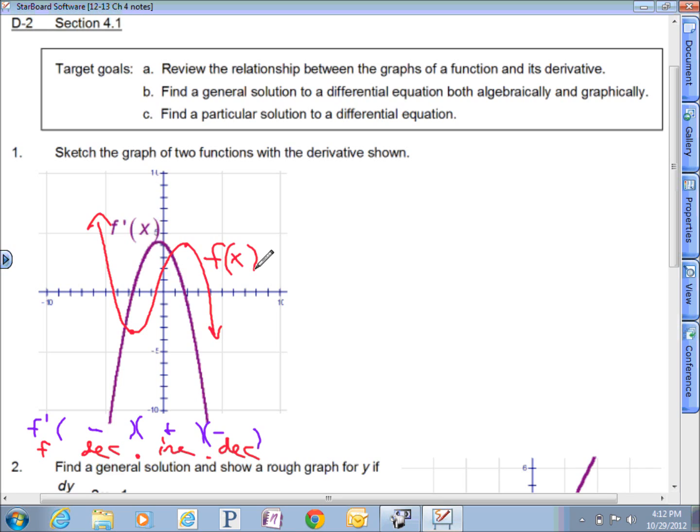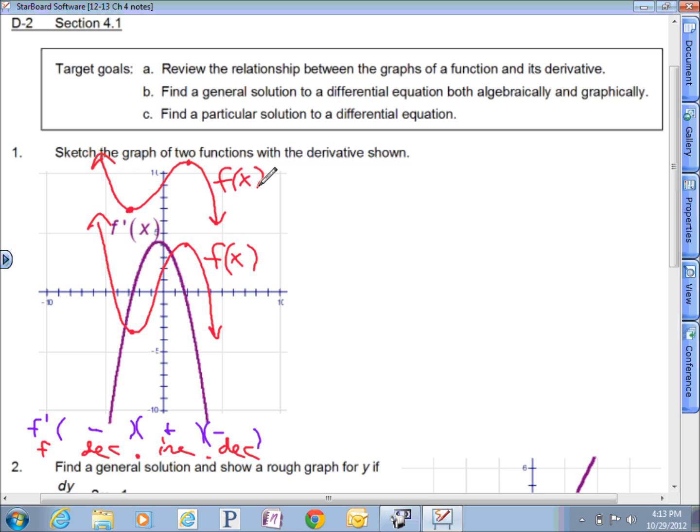Well, no. Mr. Perkins, how did you know where to put the minimum? Because what if I would have wanted to put the minimum right here? Okay, if I would have wanted to put the minimum right here, my maximum would still have to be higher than that. So if I did graph this thing, is it possible that my f of x graph could have looked like that one? Yeah, absolutely.